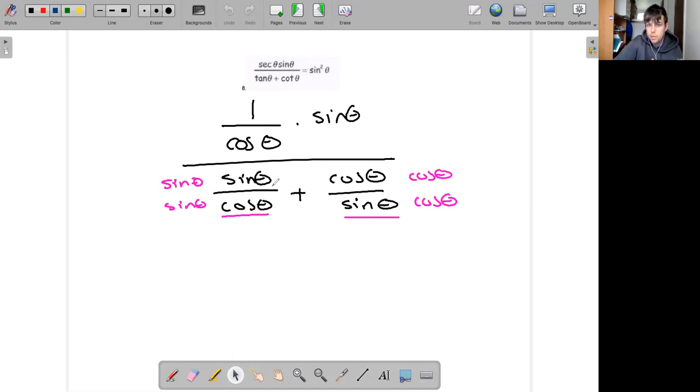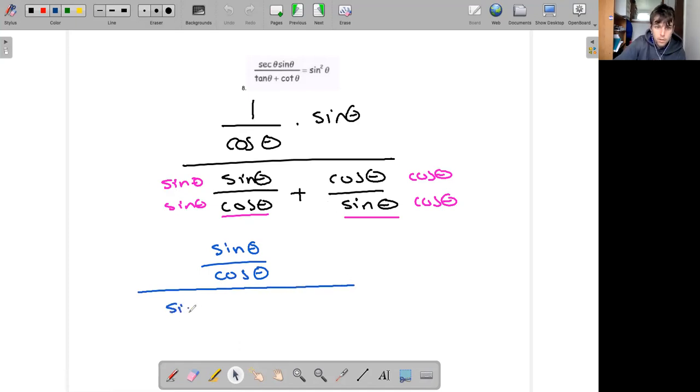And then on the top, we're just going to be squaring these things, right? Let's rewrite this whole thing for a second. Multiplying this together on top, we get sine theta over cosine theta divided by, now on the bottom, sine squared theta plus, over here, cosine squared theta.